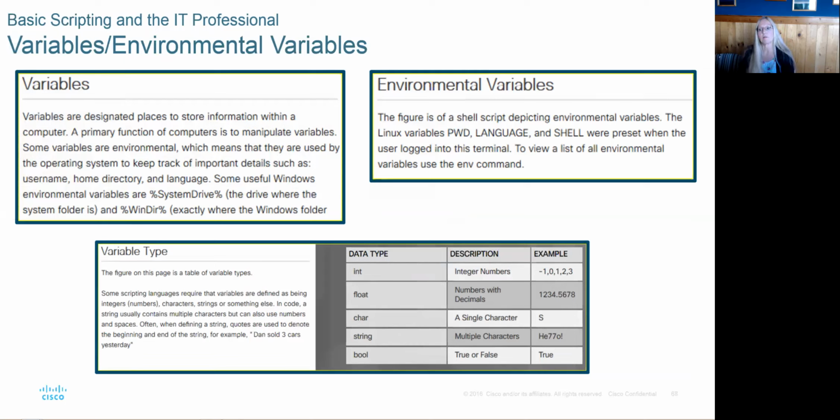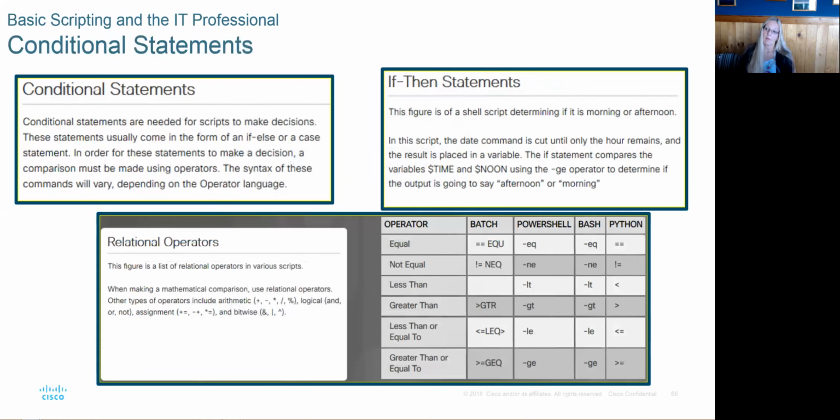Some basics of programming: know what variables are and different types of variables. There are environmental variables that are global, and then there are other variables that are for specific things. Conditional statements, so equal, not equal, if, or, greater than, less than, else if, or if then.